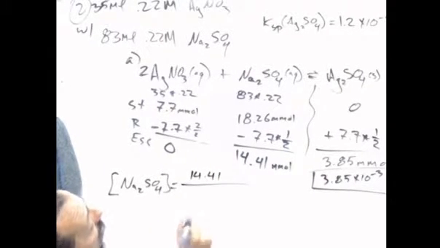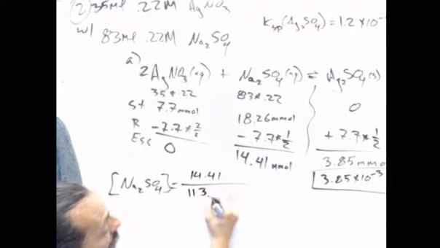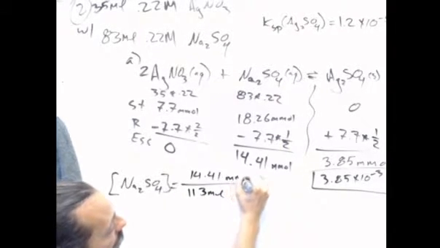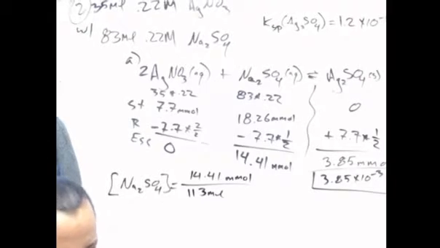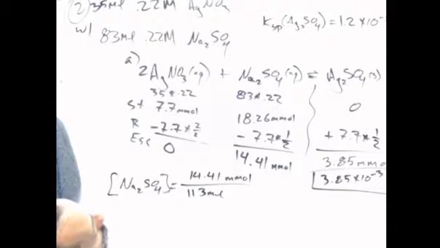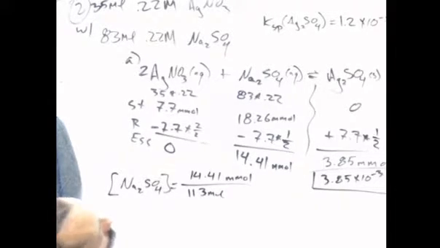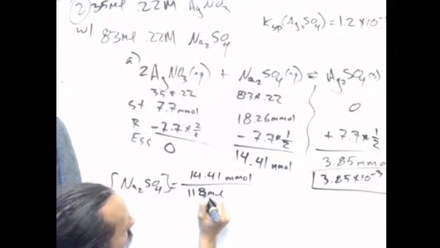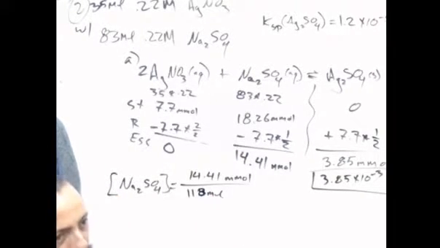That's 113 milliliters. Is that right? Can I do math in my head? Oh, 118. Yep, I was off by 5. 118. I cannot do math in my head, it turns out.